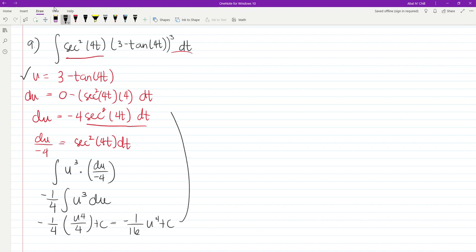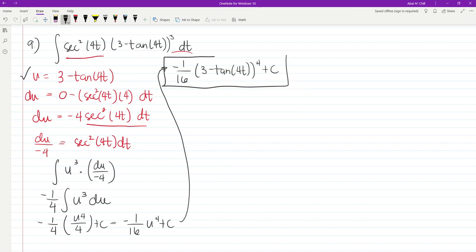And again, what are we going to do? We substitute it back to its original variable t. So u equals 3 minus tangent of 4t, raised to 4 plus c. So this should be our final answer for this problem.